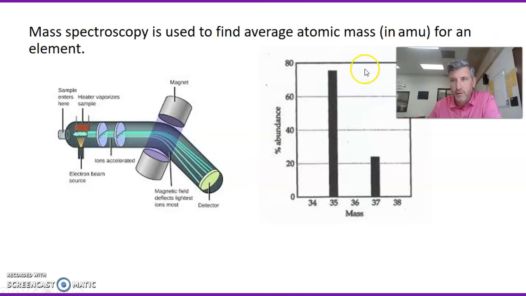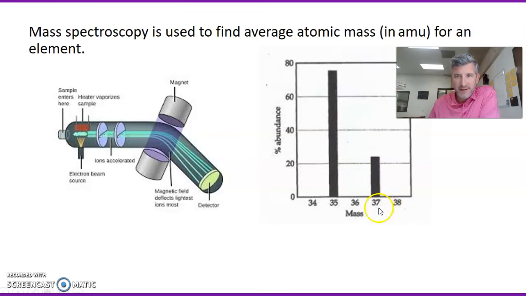So this would be for something that just has two isotopes. What this is telling us is, whatever this element is, the stuff that has a mass, and this is along the x-axis is AMU, so a mass of approximately 35 AMU makes up, it looks like about 75%, if we do a little estimation here, of all the atoms of that element, whatever that element is.